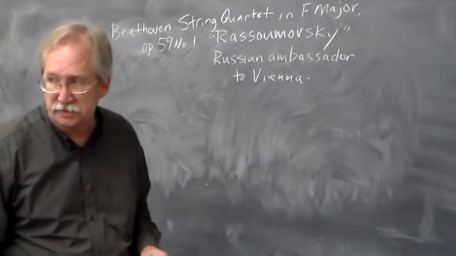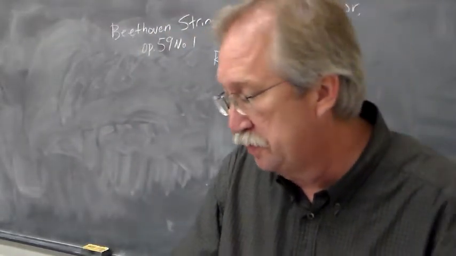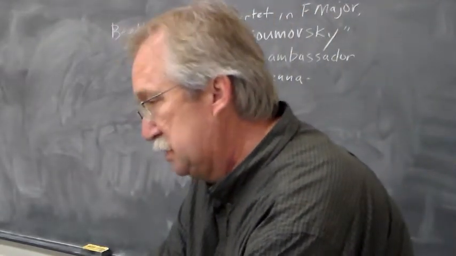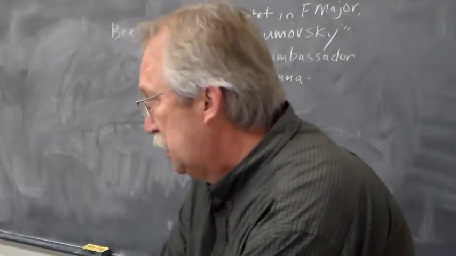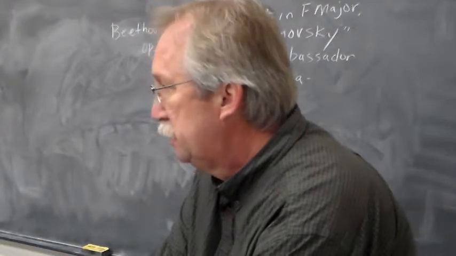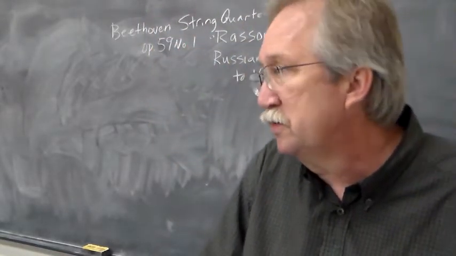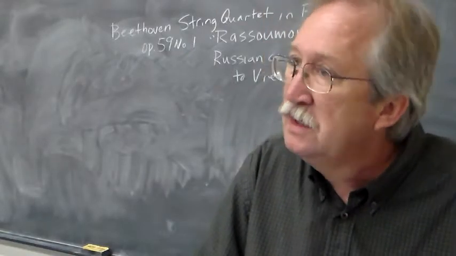So he was a patron of Beethoven's, and Rassoumovsky was a very fine violinist who played in a very excellent quartet. And Beethoven wrote these 3 quartets, and they included some Russian themes. So sometimes they're called the Russian quartets too, but usually it's Rassoumovsky.